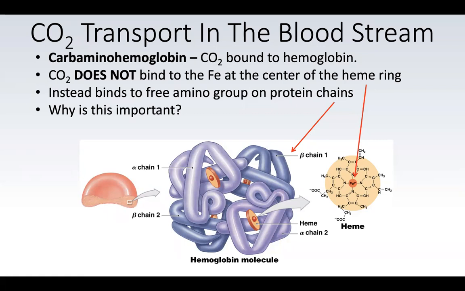They'll be somewhere on the globin chains. And that is where carbon dioxide will bind to form carbaminohemoglobin. And this is important because we want to minimize the factors, things that would inhibit the delivery of oxygen throughout the blood.